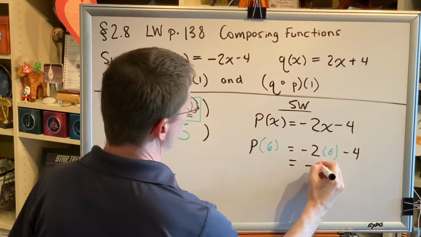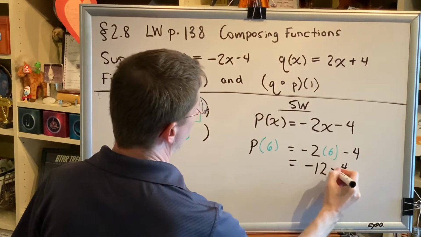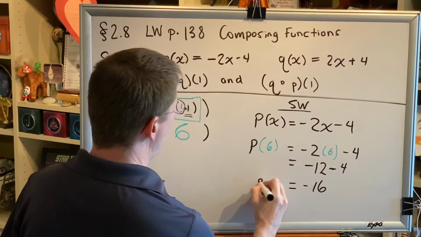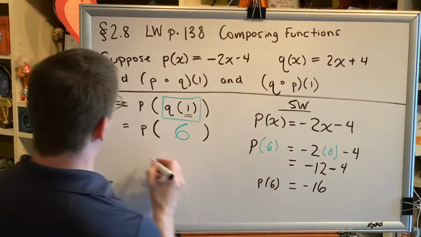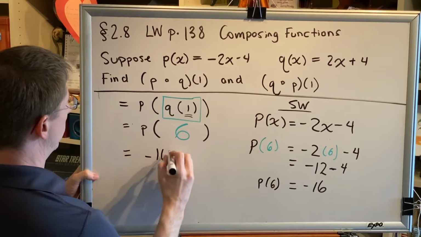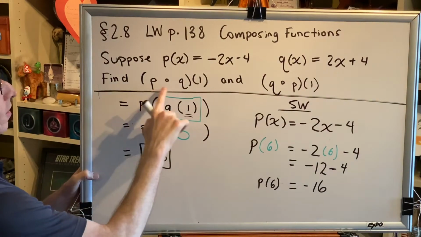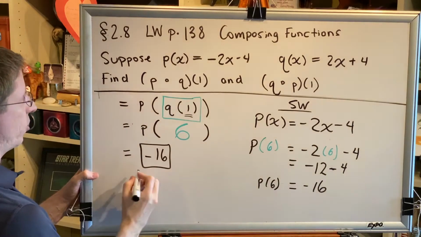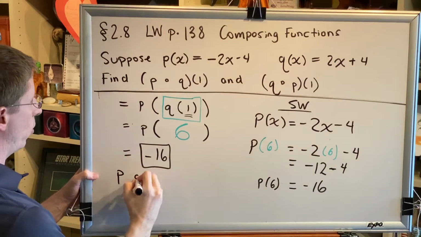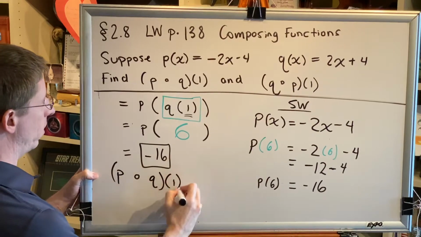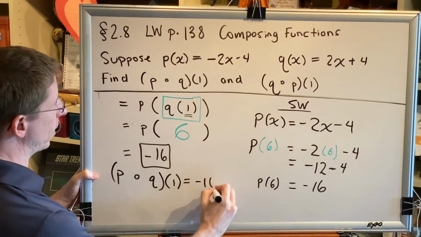Negative 2 times 6 is negative 12. Negative 12 subtract 4 is negative 16. So p of 6 is equal to negative 16. This is the answer to this question. You can write your answer as just a negative 16 in a box, or you can write p composed with q of 1 equals negative 16.